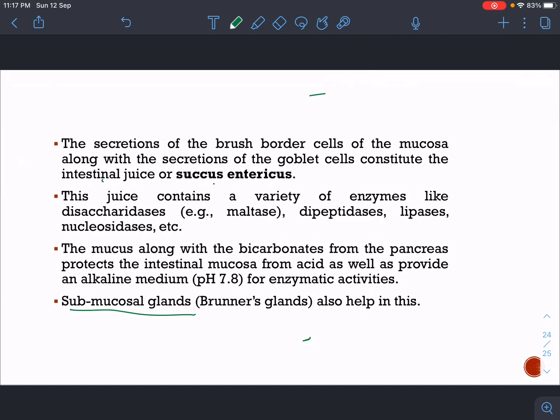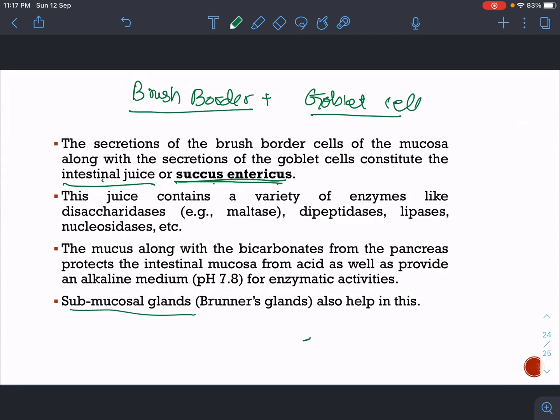So the intestinal juice or the succus entericus is basically a mixture of brush border cell secretion and goblet cell secretion. So the secretion of goblet cell and brush border cell makes up the intestinal juice. This juice contains a variety of enzymes like disaccharidases like maltase, dipeptidase, lipase and nucleosidase.